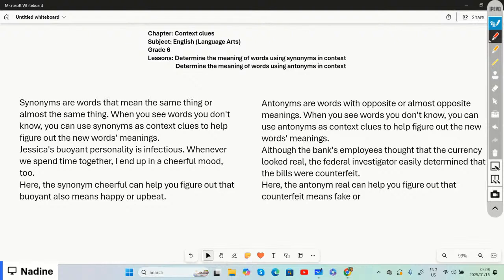So when it comes to context clues, right? We have synonyms, right? That are words that mean the same thing or almost the same thing.